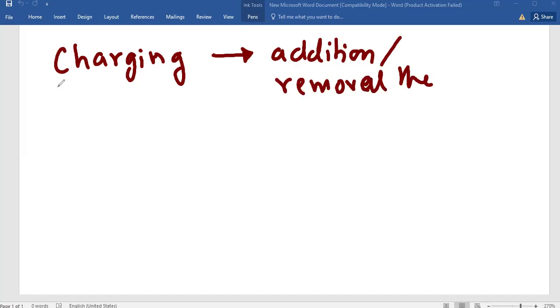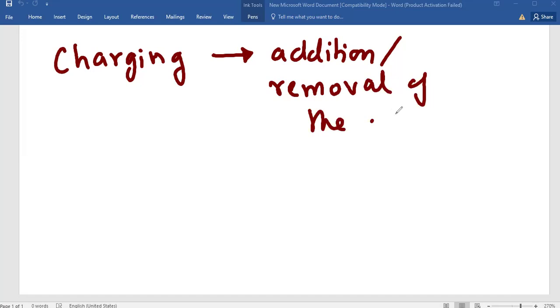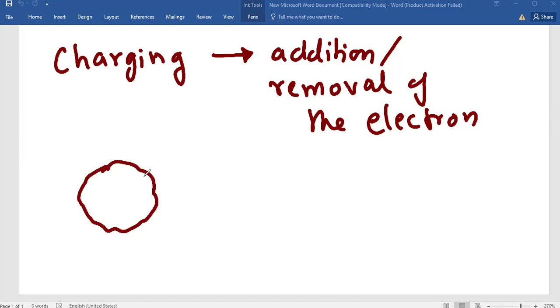Let me write here: addition or removal of the electrons from the body. That is called charging. Now, by birth, any object has an equal number of protons and electrons. So initially everyone has the initial number of protons and electrons. That's why they are neutral.